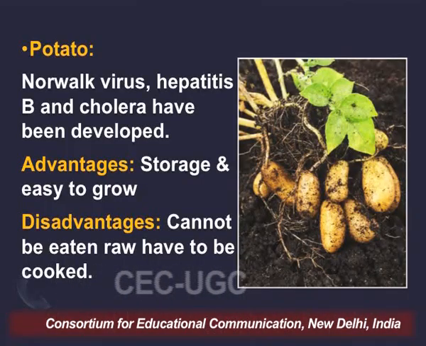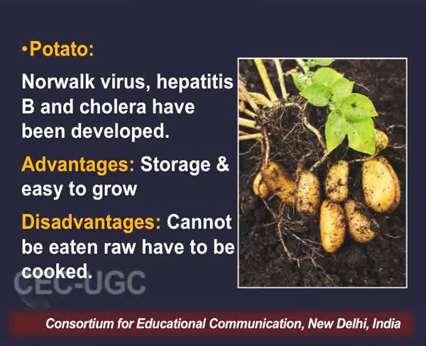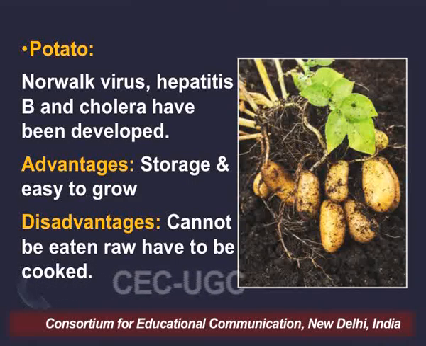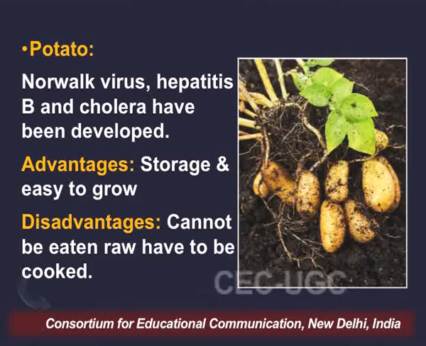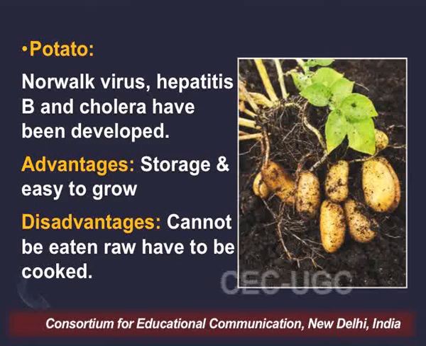Then we have potato, and potato has been used for developing edible vaccines for Norwalk virus, hepatitis B and cholera, and the obvious advantages are it's easy to store. It can be stored for longer duration at room temperature. And another advantage is that it is easy to grow. It can be grown in any part of the world. But the major disadvantage is that it cannot be eaten raw.